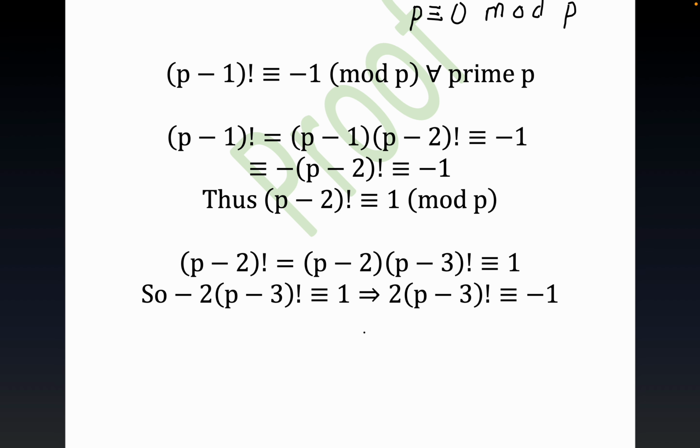This would be the same thing as 2 times p minus 3 times p minus 4 factorial is congruent to -1.